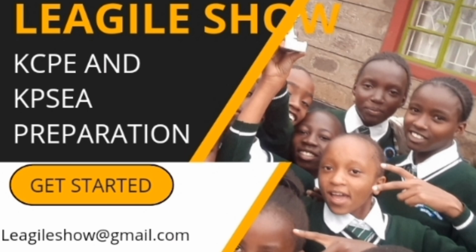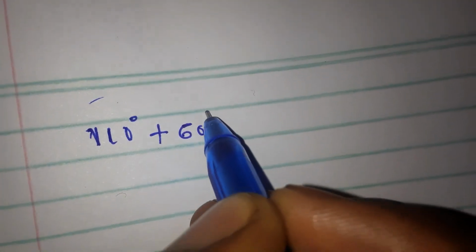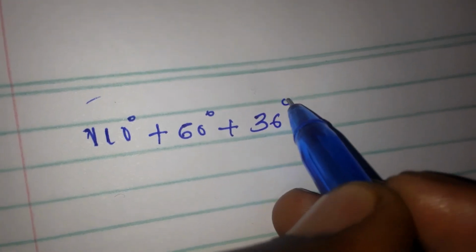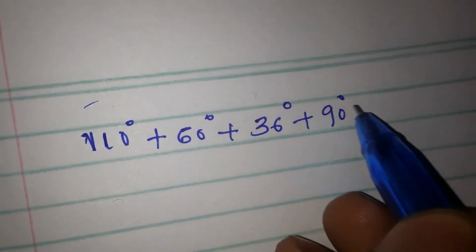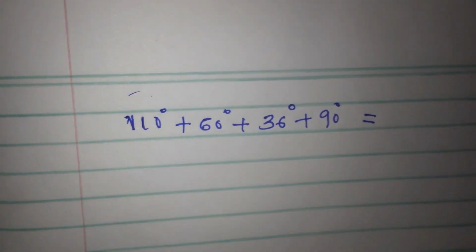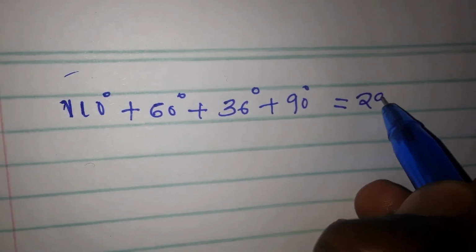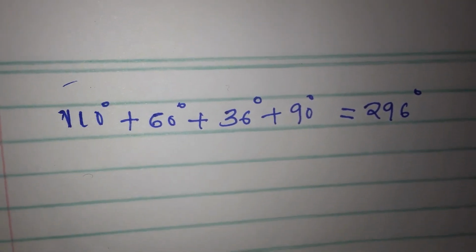That will be 110 degrees plus 60 degrees plus 36 degrees plus 90 degrees. When you sum all this up, we find 296 degrees.